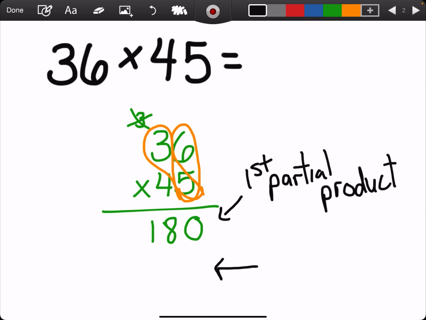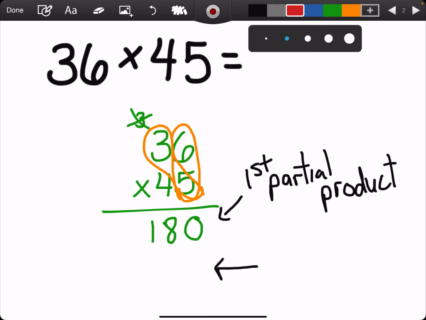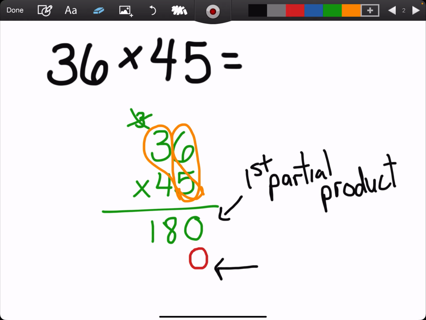okay? Now, for me to go underneath that 180, because I am now moving to the 4 here, which is really worth 40, and now I'm going to multiply that 4 by everything, all right? What I have to do is I have to put a 0 as my placeholder, okay?